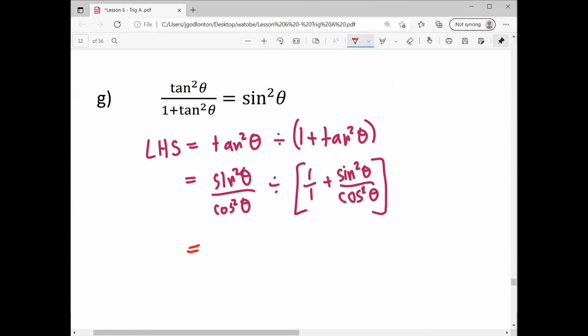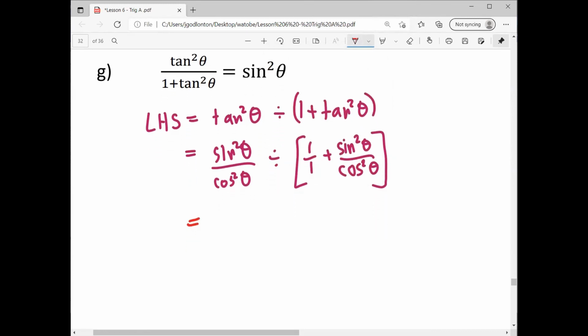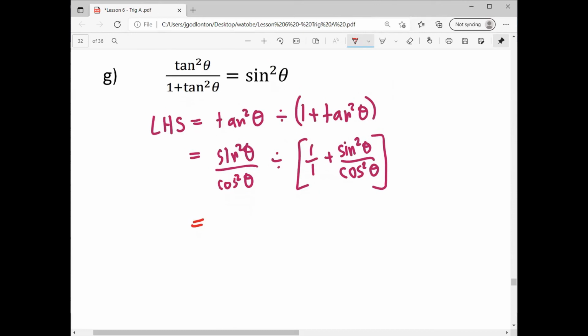Who feels like they can help me in my next step? My hint is that it's going to be involving that fraction.